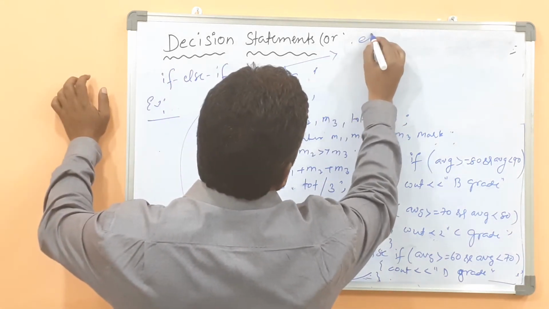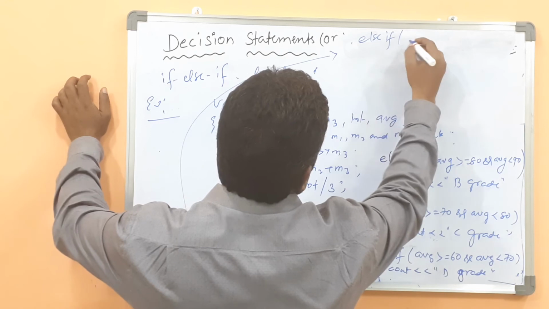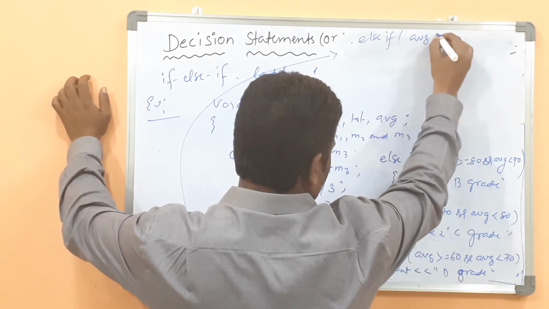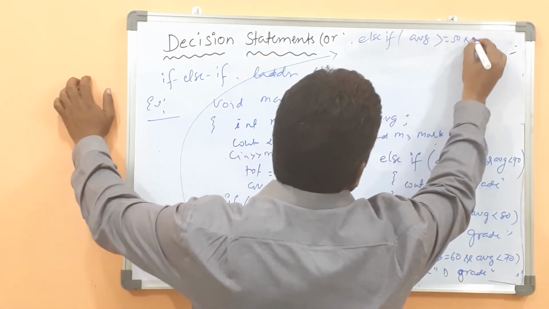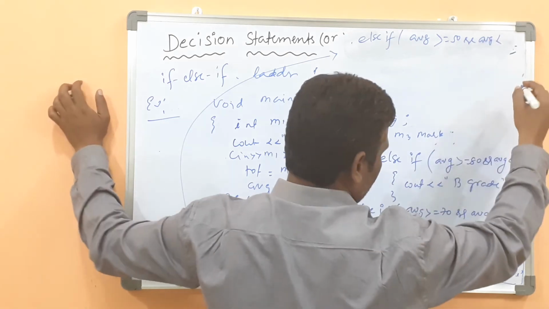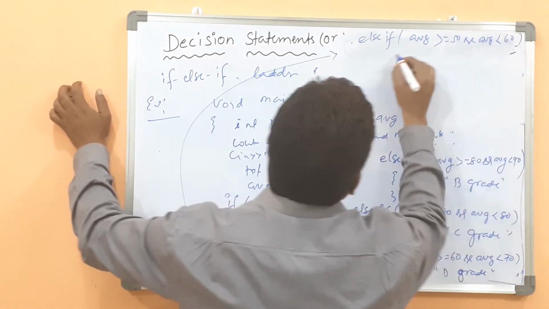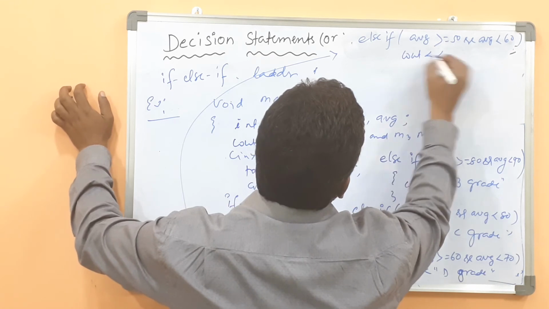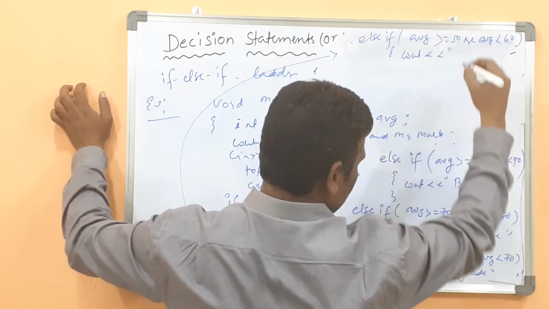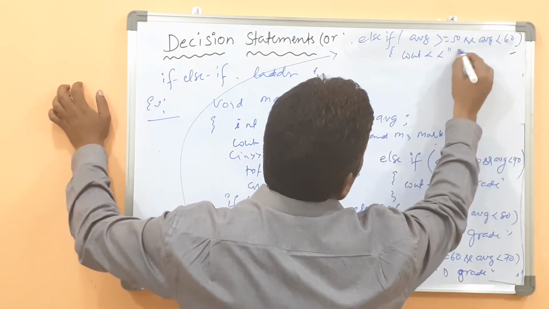Then else if average 50 to 60, then cout E grade, so A, B, C, D, E grades.